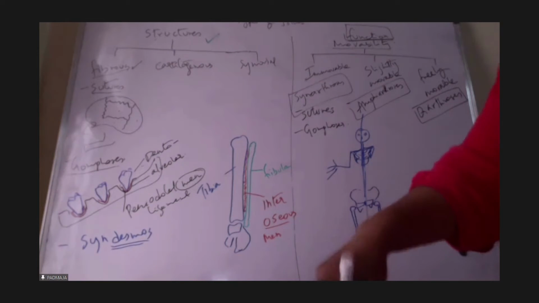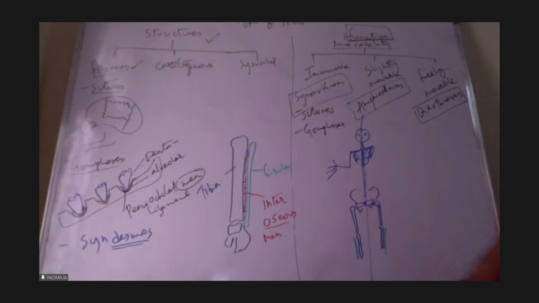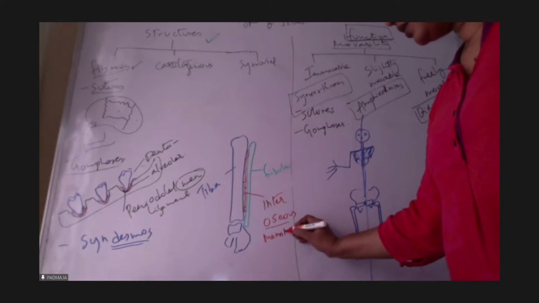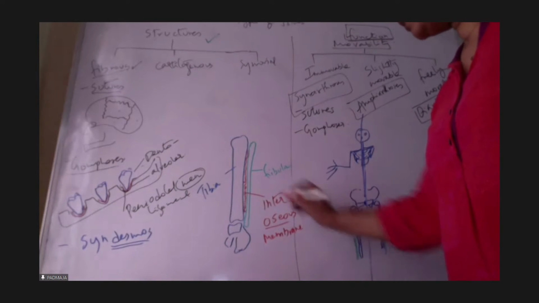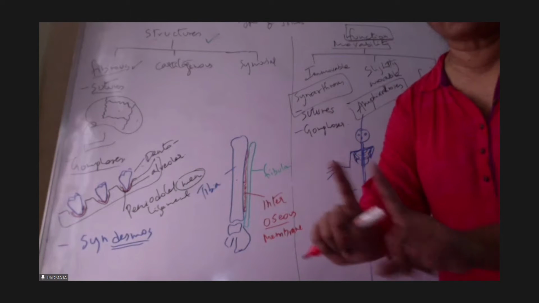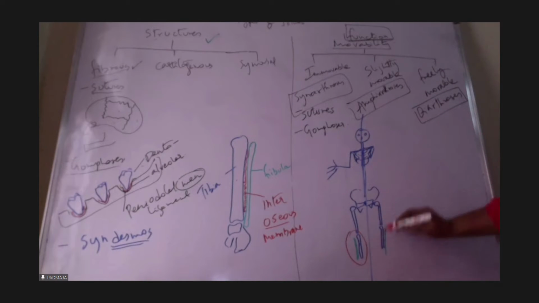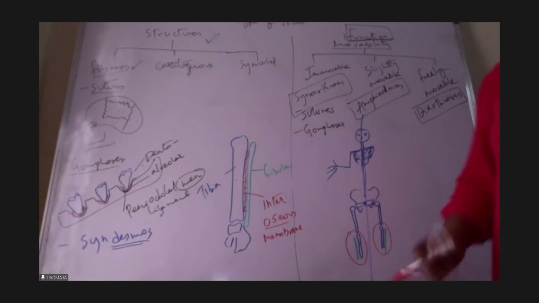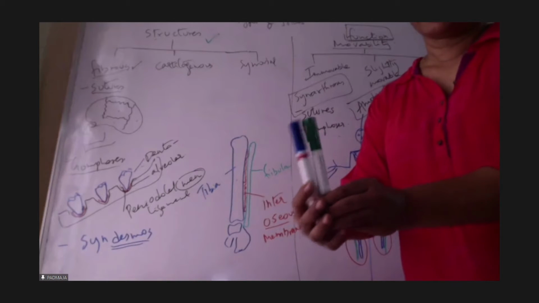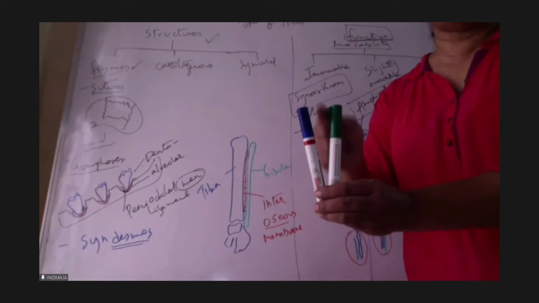Osteo means, very well, bone related. So here, interosseous membrane is present between tibia and fibula. What is the use? It allows slight movement so that you are walking, running, all become flexible. Because these two bones, like the blue one, tibia and fibula, have a thin membrane in between.